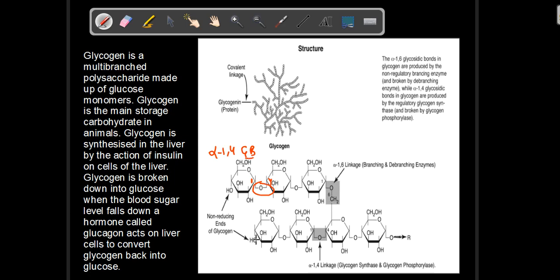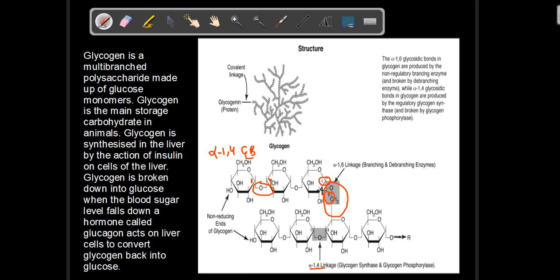The straight chains will contain alpha 1,4 linkages. However, the straight chains also have cross linking, which means the long linear chains are connected to each other via another glycosidic bond. This glycosidic bond is between carbon 1 and the 6th carbon of the adjacent glucose unit.